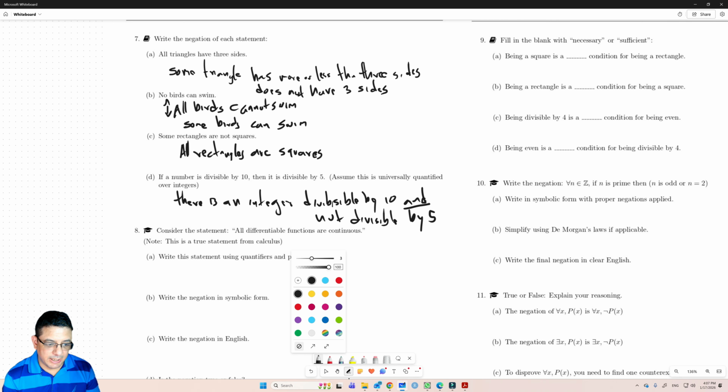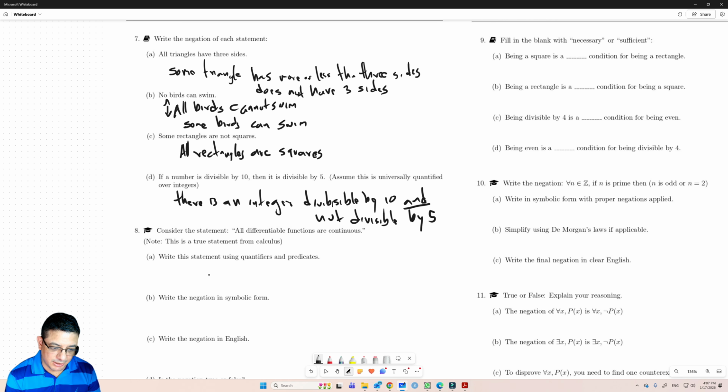Now for 8, consider this statement: all differentiable functions are continuous. We want to write this statement using quantifiers. This is a true statement from calculus. We can write this with a couple of predicates. We can use D of f, being f is differentiable, and C of f, f is continuous.